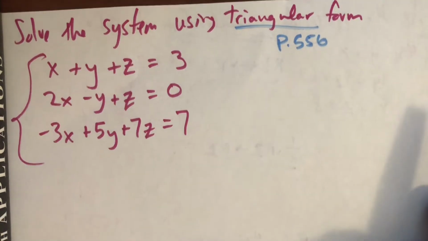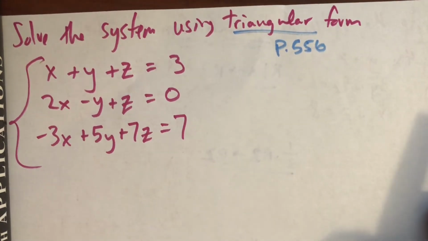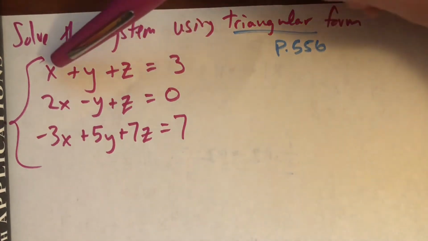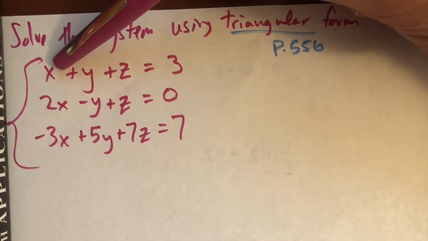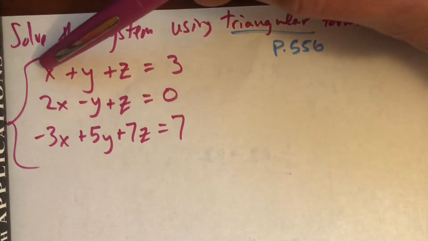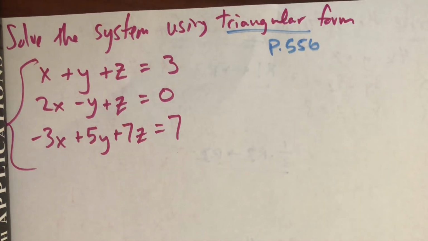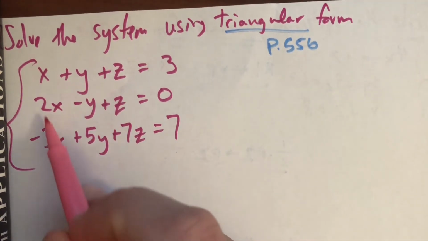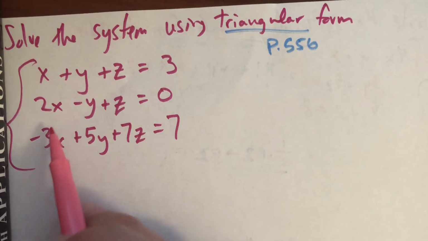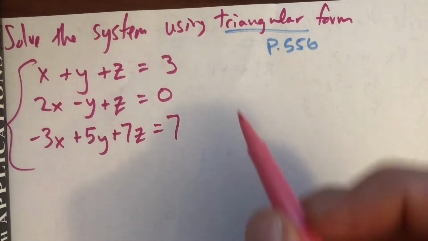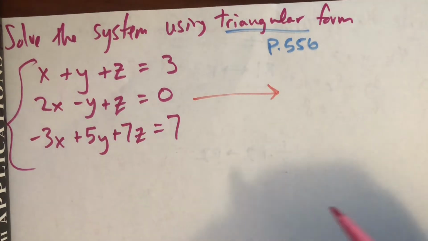We want to solve this guy by putting it in triangular form first. Okay, well, our first equation is in good shape, right? We've got x, y, z, and we've got a coefficient of 1 there, so that's good. We don't need to change anything, and that's a sigh of relief. So we can start working on getting rid of the x below it, right? So I can start doing these row operations.